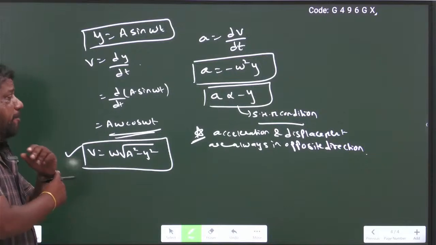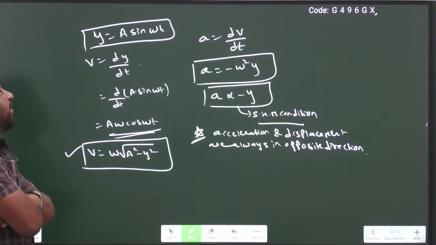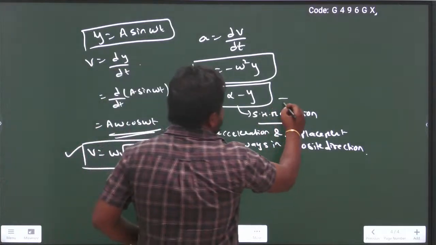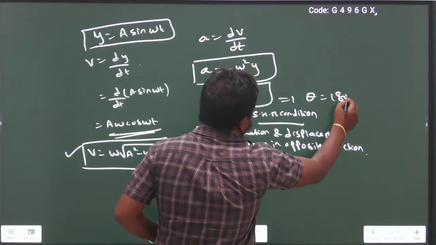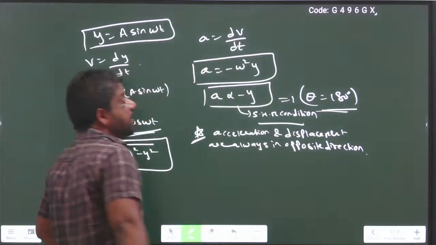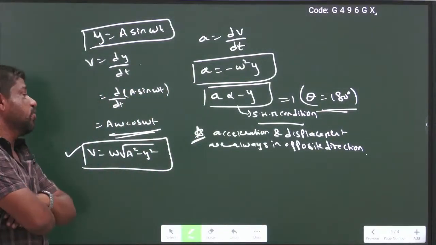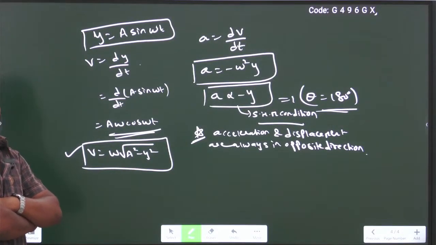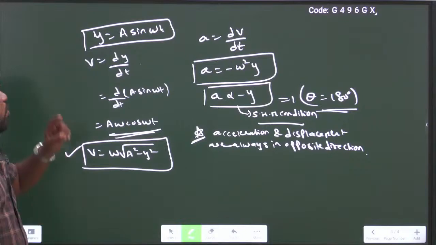So from this, what is the condition for SHM? Acceleration and displacement must always be in opposite direction, meaning the phase difference must be 180 degrees. Phase difference between them must be 180 degrees. Most important question. Then only it is said to be SHM, simple harmonic motion.